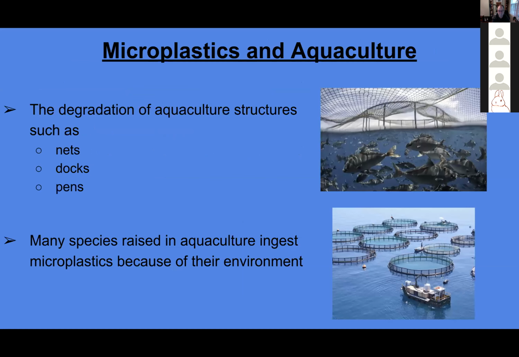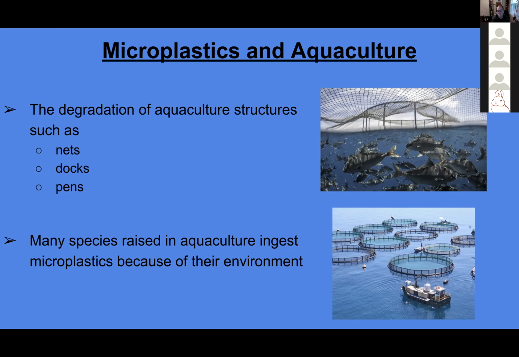So my slide is on microplastics in aquaculture. Small crustaceans have been found to burrow into the floats on docks and aquaculture farms, dispersing thousands of microplastic particles. This can be combated with the development of floats from new materials which discourage burrowing. The degradation of aquaculture structures such as nets, docks, and pens can introduce microplastics into the environment.